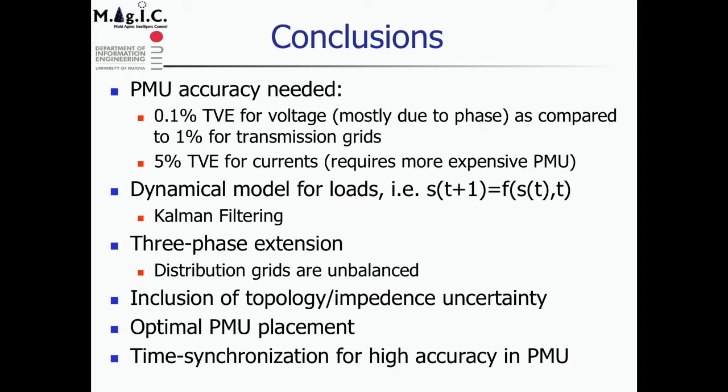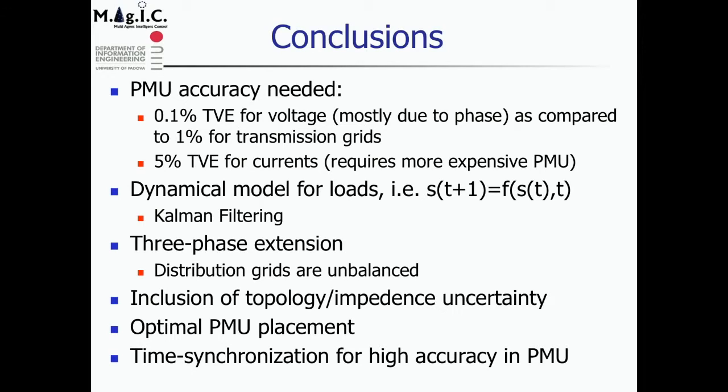Summarizing, what we have seen is that you actually need a much finer resolution for voltage PMUs in distribution networks, like 0.1% as compared to 1% in transmission. But you can get by with a larger estimation error if you can measure currents, though this is in general more expensive.